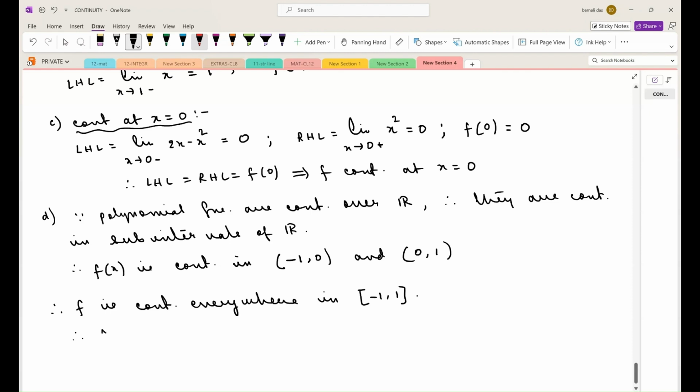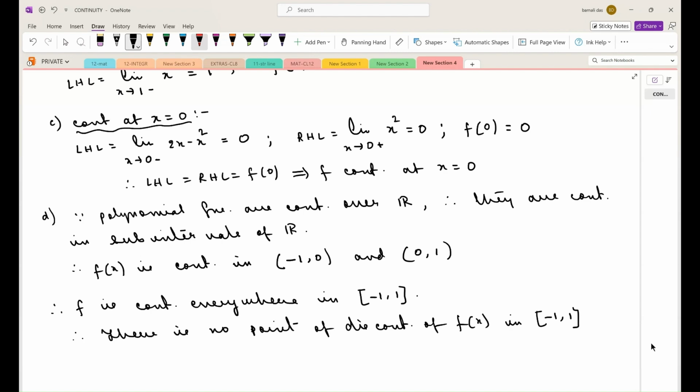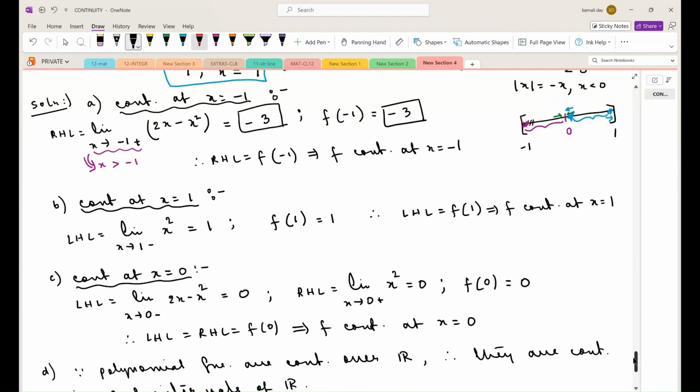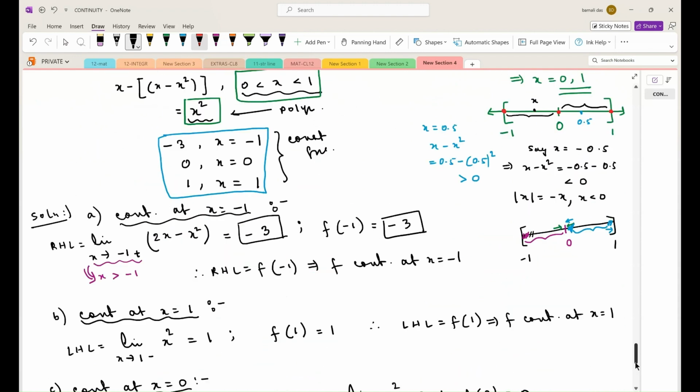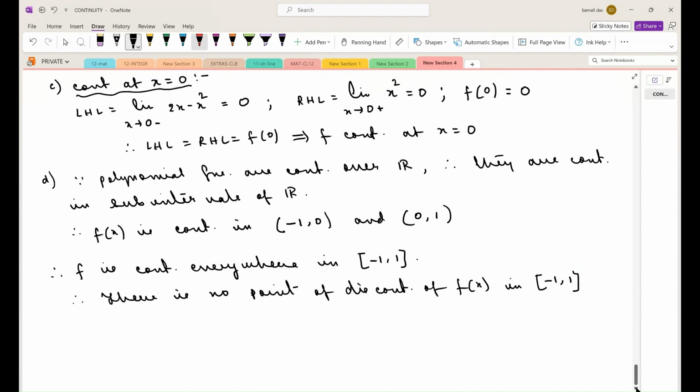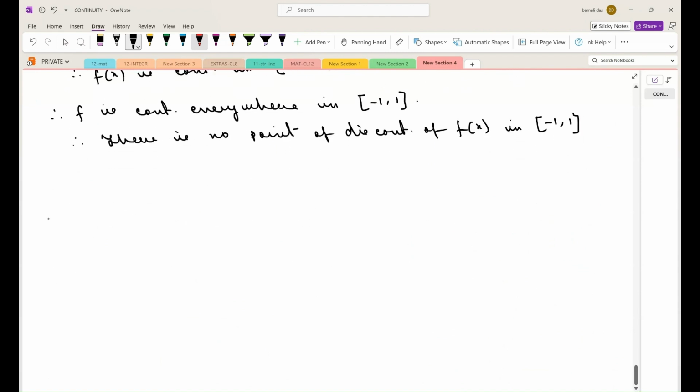Therefore, there is no point of discontinuity of f(x) in minus 1, 1. So if your question is worded like this, that find the points of discontinuity, don't think that there will be points of discontinuity. This is just to mislead you. So there's no indication there. You have to check it out.